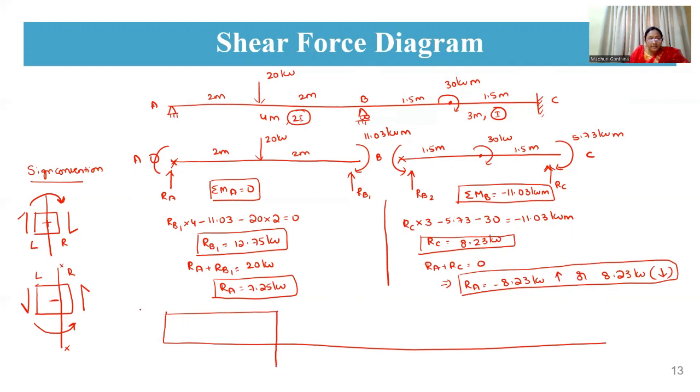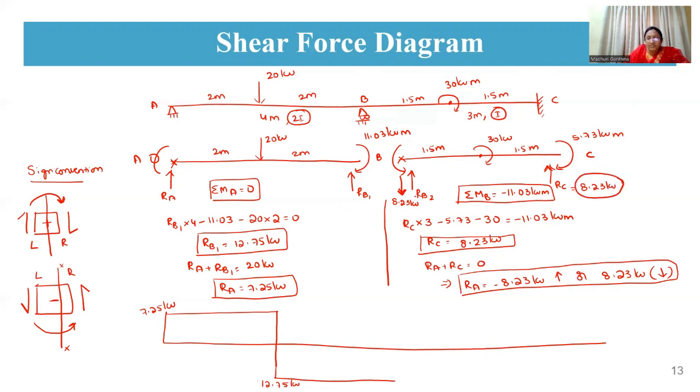So this RA is 7.25 kilonewton, and whereas your RB1 is 12.75 kilonewton. So till this B point, again at B point, you're having a downward reaction of 8.23 kilonewton, and this is upward reaction of 8.23 kilonewton.